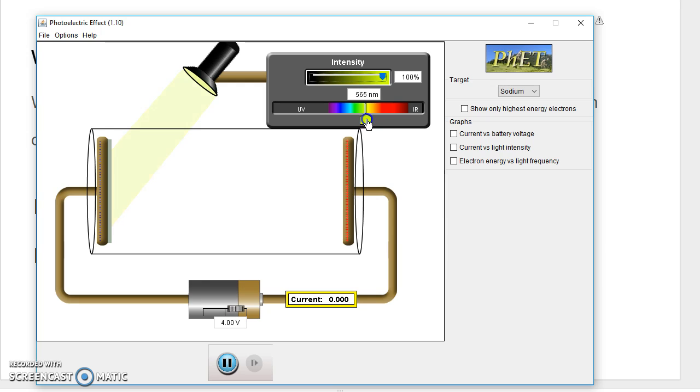But for some reason, color was the deciding factor. You had to be a certain wavelength before it would jump. And scientists were trying to figure out why this was. What was so important about the color when all the scientists thought it would be the intensity that would be the big factor.